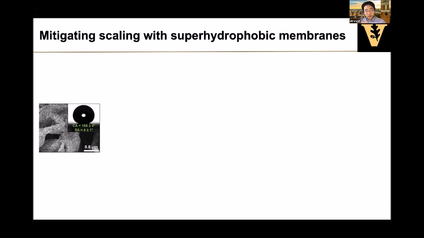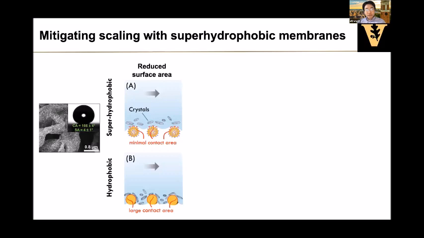Some people also call this a slippery membrane, but I just call it a superhydrophobic membrane, because slippery membrane actually represents something else in the materials science community. There are a few mechanisms that possibly contribute to the scaling resistance of a superhydrophobic membrane. It's very difficult to quantify them, like what percentage each contributes, but I would just talk about each of them.